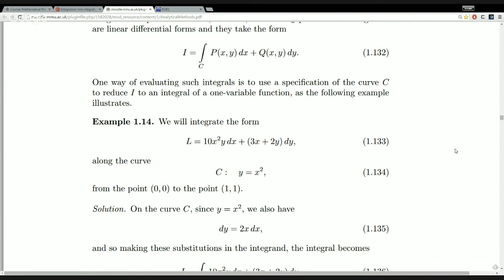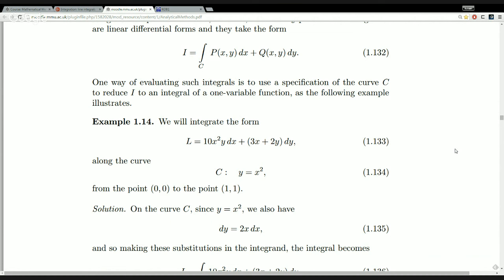So this is my curve C, and there's a direction attached to it, from the origin to the point 1, 1. The curve y equals x squared would be defined across the whole of the x-axis, but we're just talking about this little segment of it from the origin to the point 1, 1. We'll say I is equal to this.